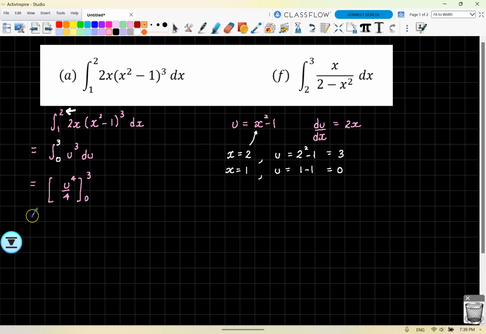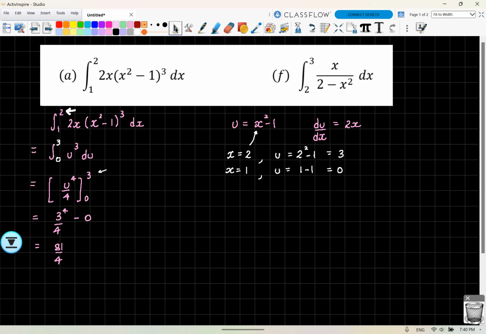Now here comes the cracker: don't replace u with x squared, take 1, because we have already changed these values. Then we can just substitute those in. So this becomes 3 to the 4 over 4 minus 0 to the 4 over 4, which is 0. So we end up with 81 over 4.